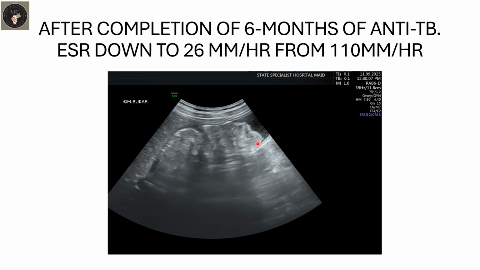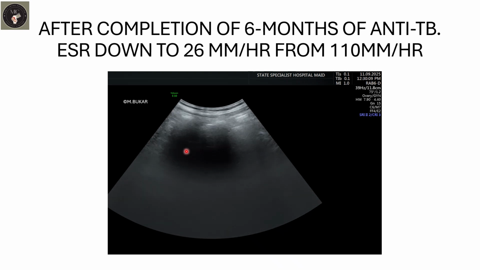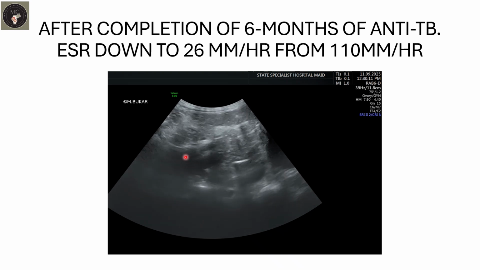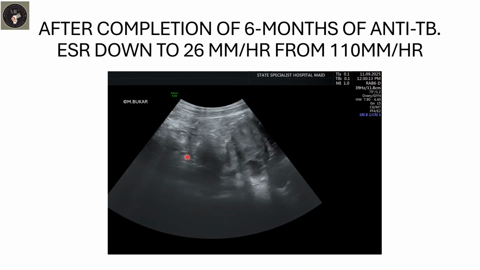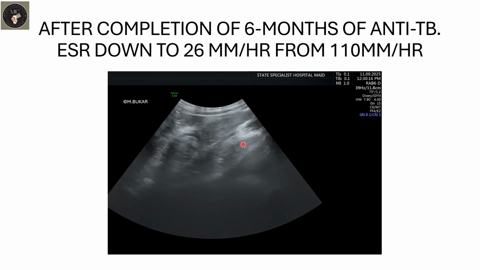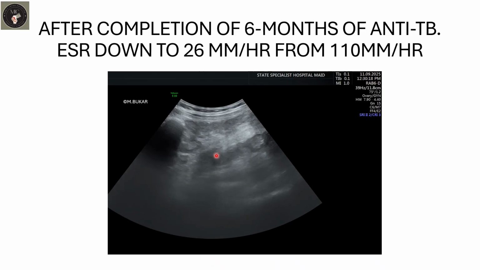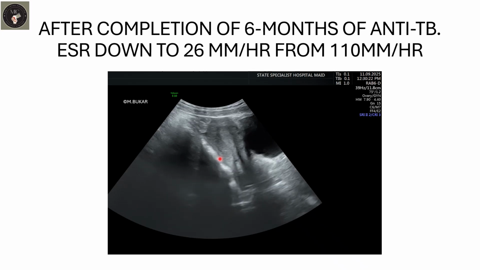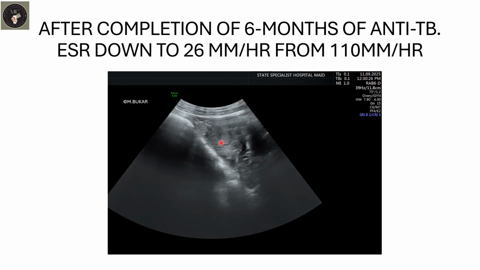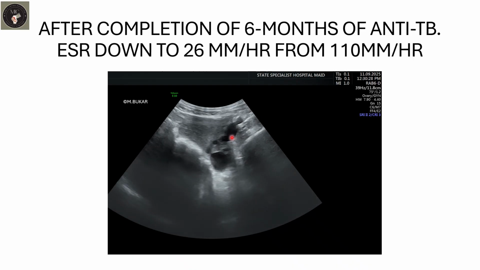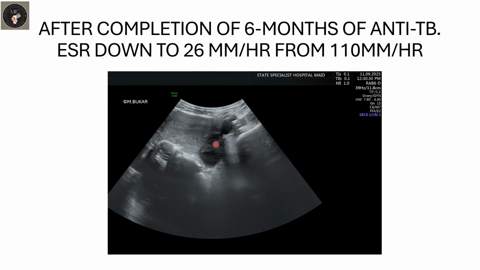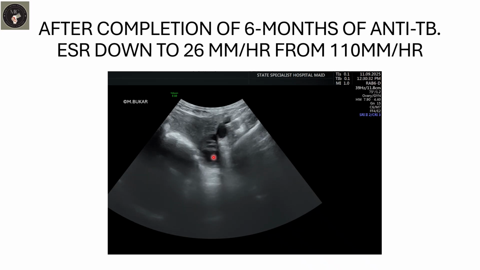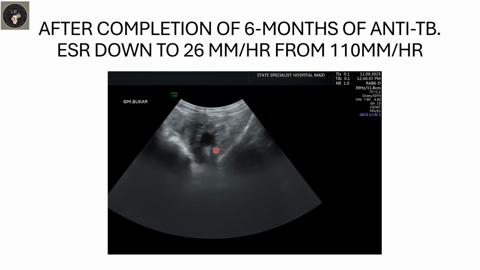And note the bowel compared to the initial scan before commencement of treatment. Here the fallopian tube is not seen because there is no significant fluid in the peritoneal cavity to allow demonstration of the fallopian tube. You can see the ovary here, and note that the echogenic area seen in the first image is no longer seen here.